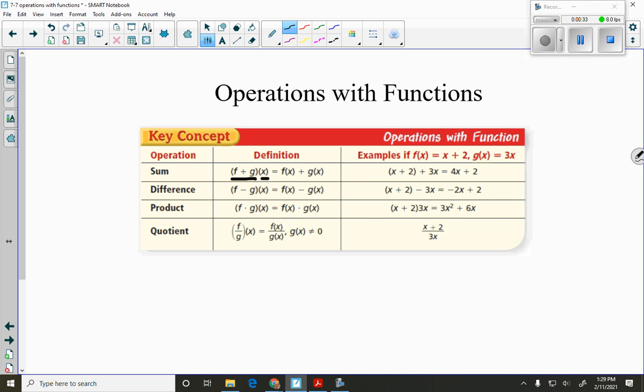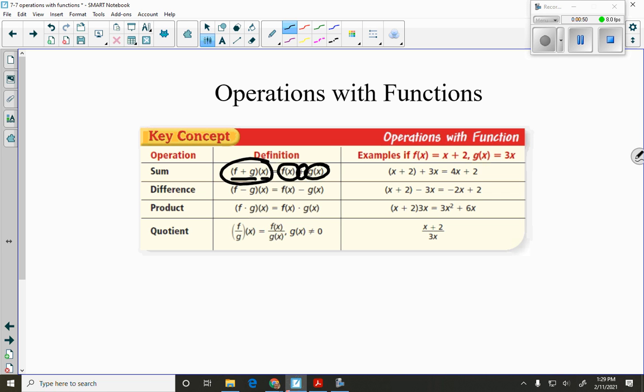What it's saying is the function f of x, it might be an entire equation, plus the function g of x. That is what they're trying to say when they see this notation.